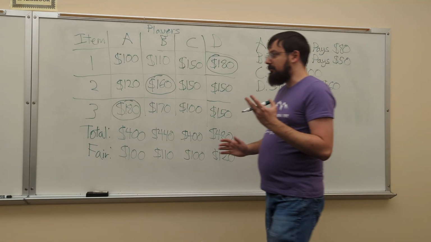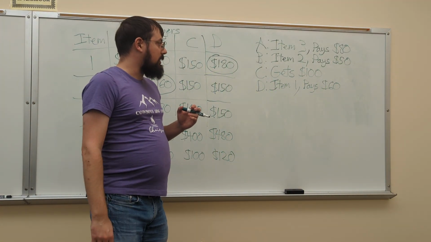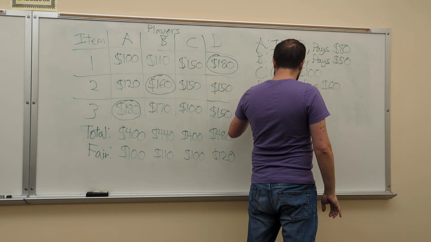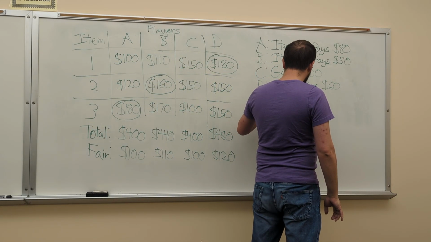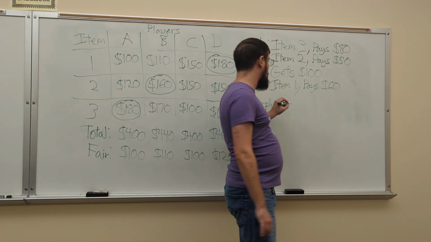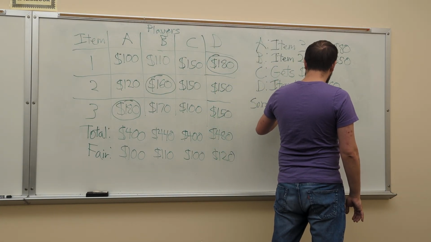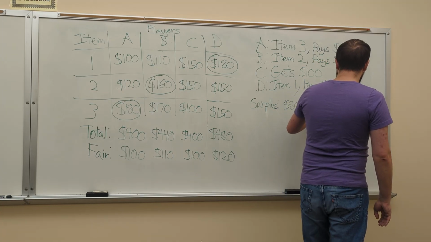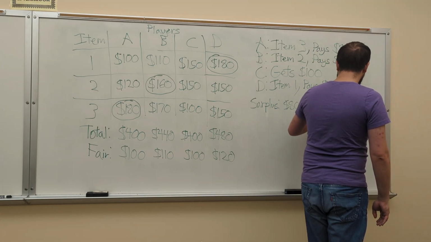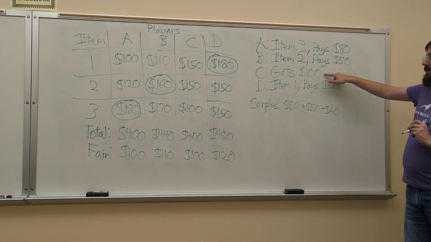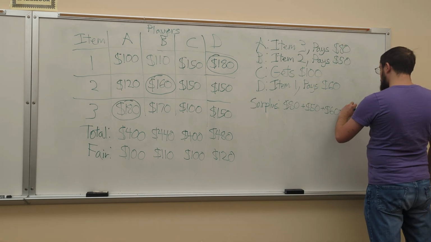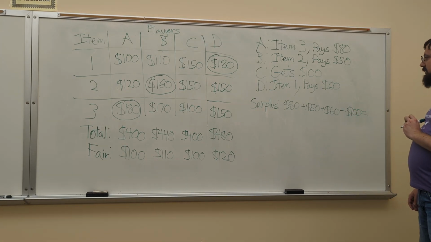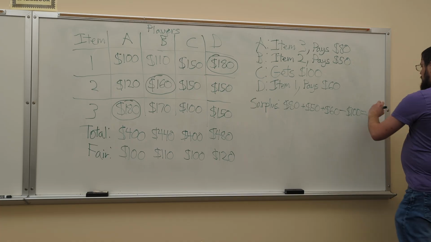So we have a little bit of a discrepancy here. So what we're going to do at this point is figure out how much of a surplus there is. So in this case, the surplus is everything that's been paid in, so $80 plus $50 plus $60, minus what needs to be paid out to C, so minus $100, and this is going to give us $90 in total.